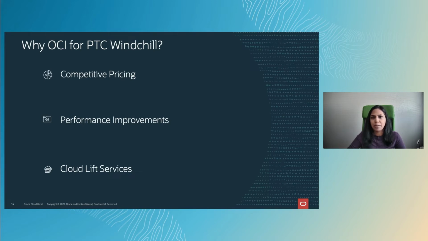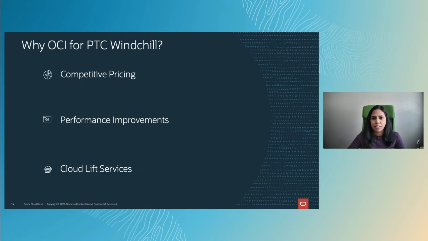An application like PTC Windchill can be very resource intensive because it manages CAD drawings that are used by various engineers, and depending on the frequency of access, there are a large number of uploads or downloads. OCI provides performance SLAs, which help with these performance requirements.